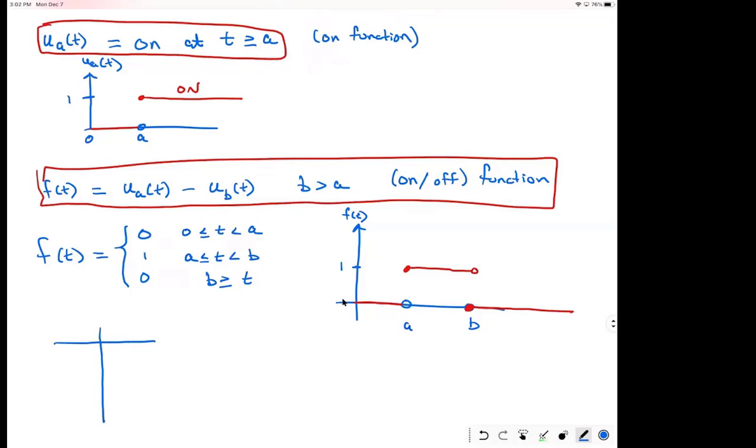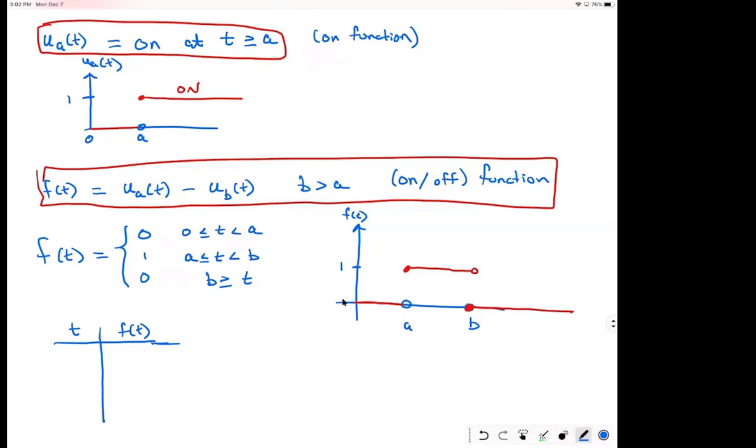And I would suggest doing something like this. Make yourself a table, f of t, and put your t values over here and your f of t values over there.